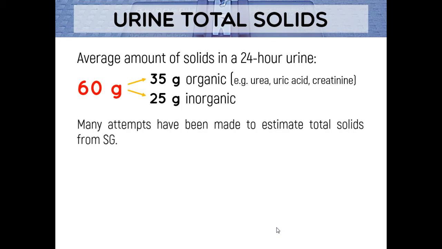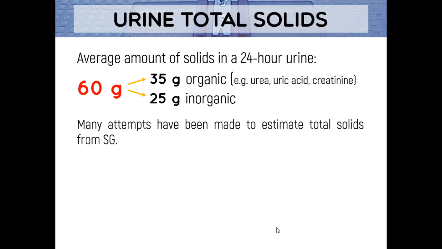Many attempts have been made in the past by scientists, the forefathers, the bright geniuses, at correlating SG and the estimation of total solids. Recall that SG, specific gravity, in a way determines the concentration of a urine specimen.